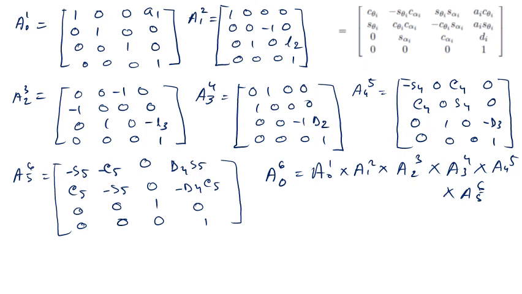So for the result, you can just do the multiplication and check it. I have already done it, so I will just directly write down the result. So here is the result. A06 is equal to, it's a big matrix.